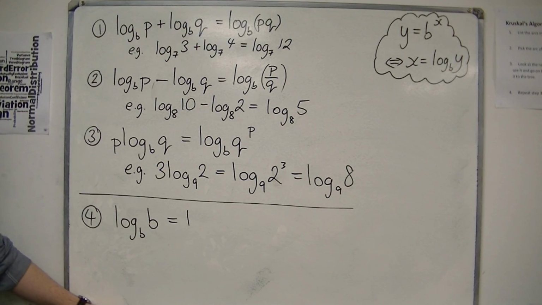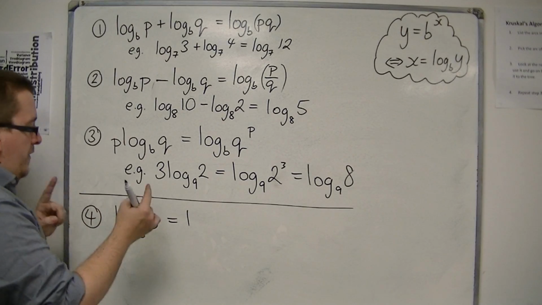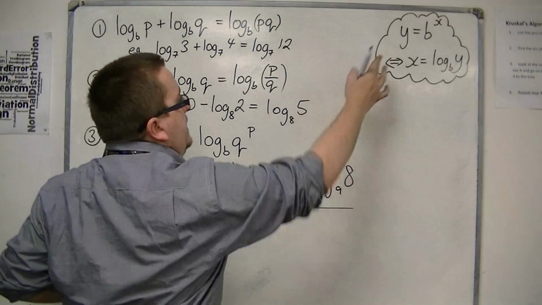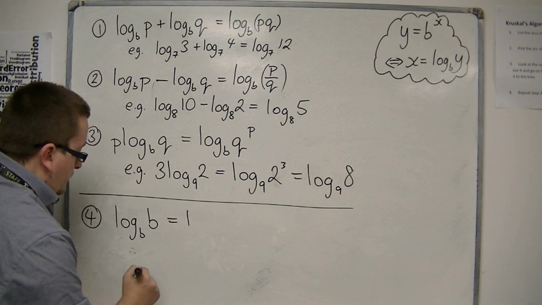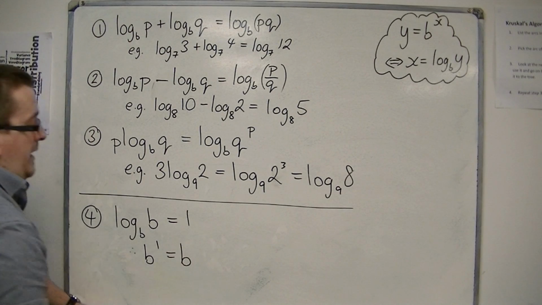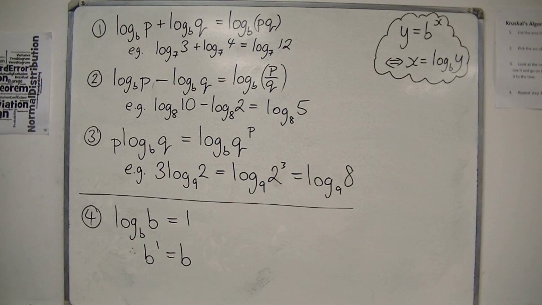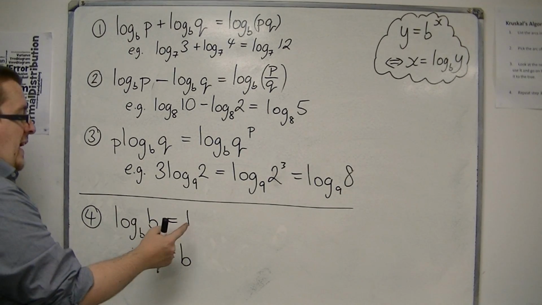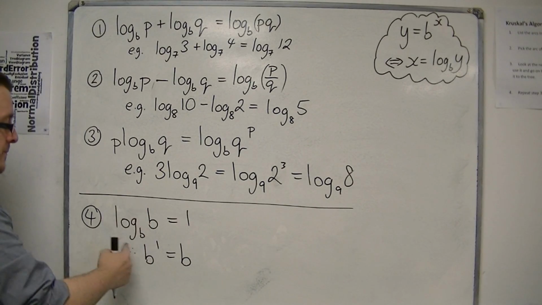How this works is that if you manipulate this back into index notation, this is saying that b to the power of 1 is b. b to the 1 is b, which we know. So you could replace any 1 that you see with log base b of b.